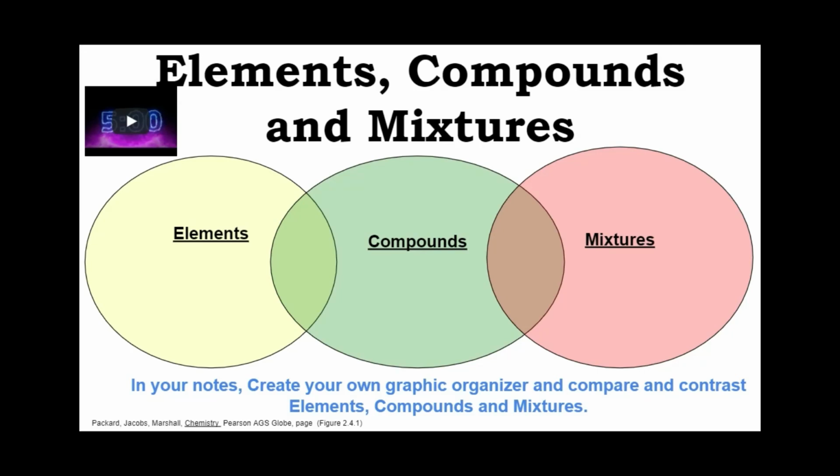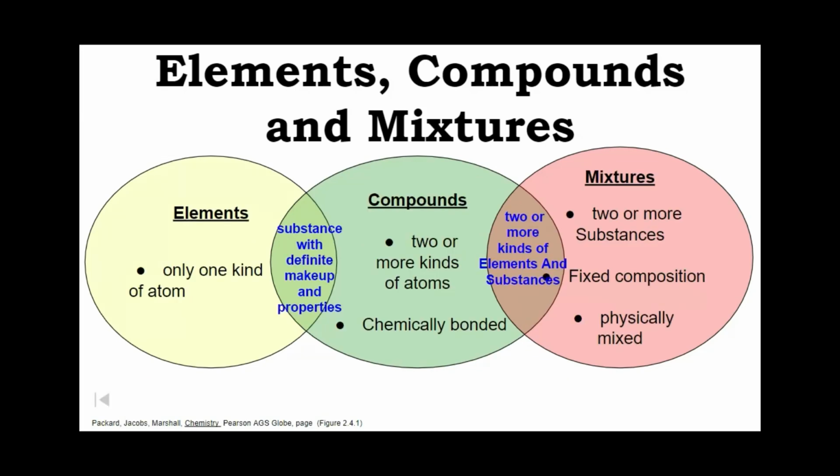That's time. Let's discuss some of the options. For elements, something that you could have placed is only one kind of atom. For compounds, you could have said two or more kinds of atoms and that they are chemically bonded.